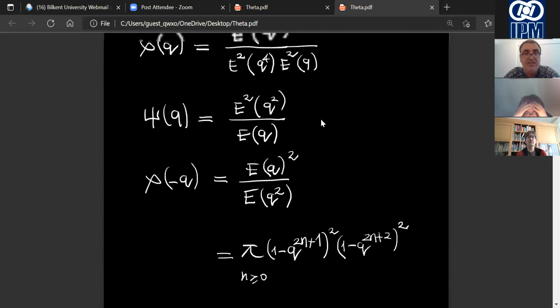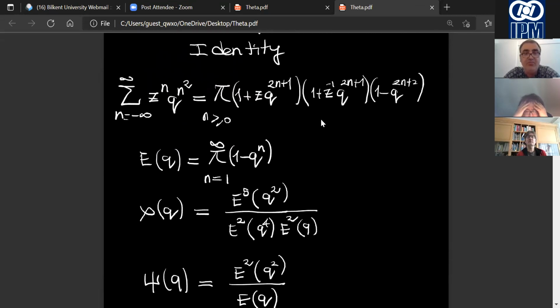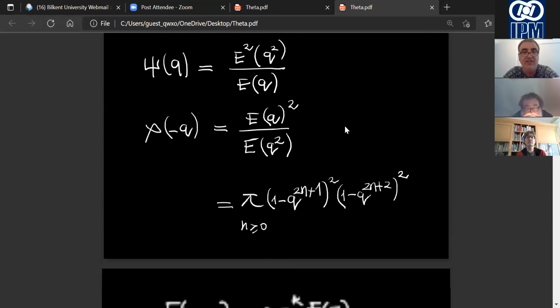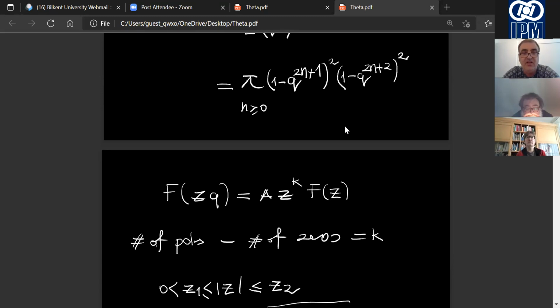Let me briefly sketch how one can prove identities like this. My focus is largely on proving theta function identities, so I will give a little bit of detail.